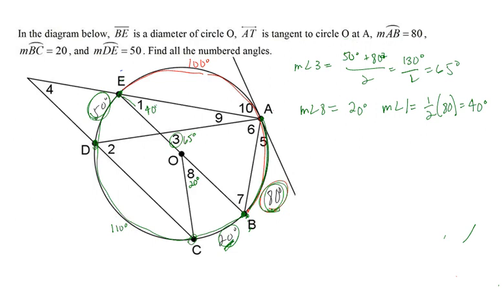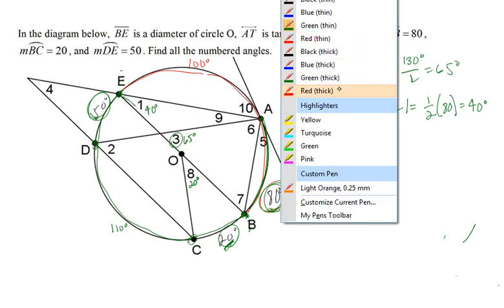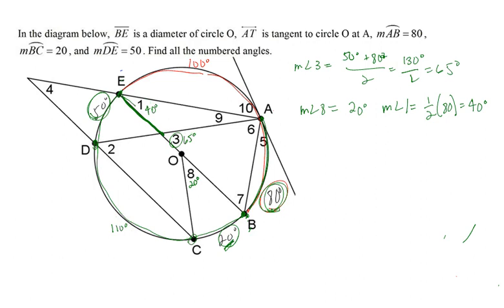Let's write that in. I was looking at angle 1 and then saw a triangle. Let's go like this, this triangle here.